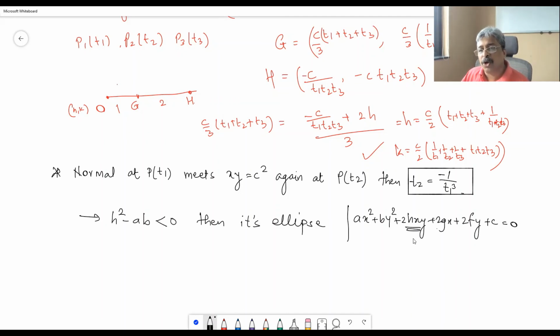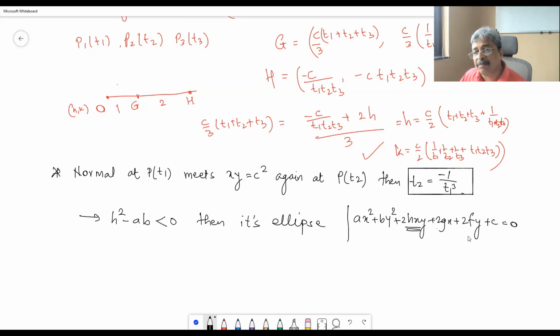So if you want to get rid of the xy term, you need to rotate your x-axis and y-axis, keeping them perpendicular, around the origin in the anti-clockwise direction through angle theta, which you can arrive at. Then you will be left with x square, y square, x, y and c.